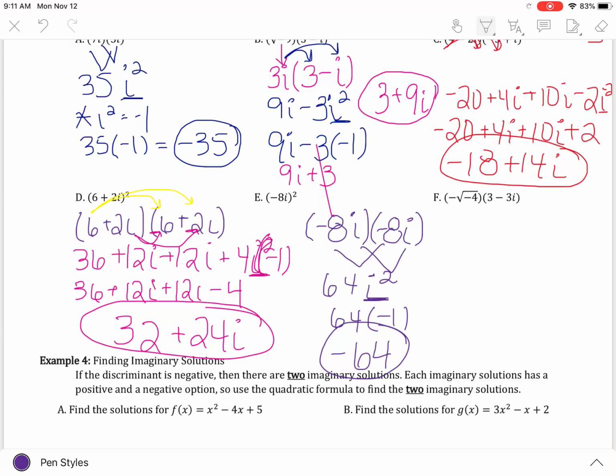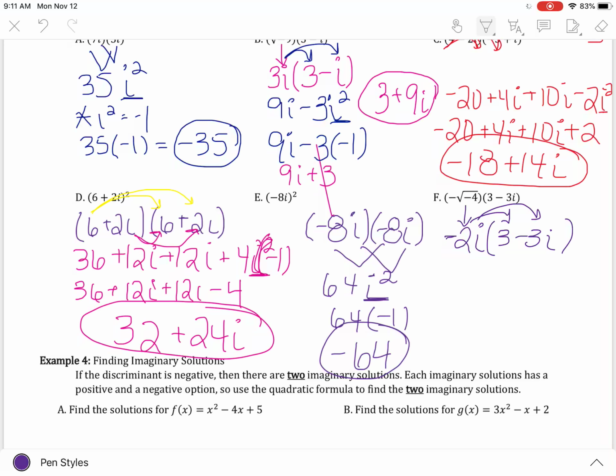Looking at letter F. Letter F is tricky. Inside your first parentheses, you have a negative radical 4. If you wanted to rewrite that, that's the exact same thing as if you were to write a negative 2i times 3 minus 3i.